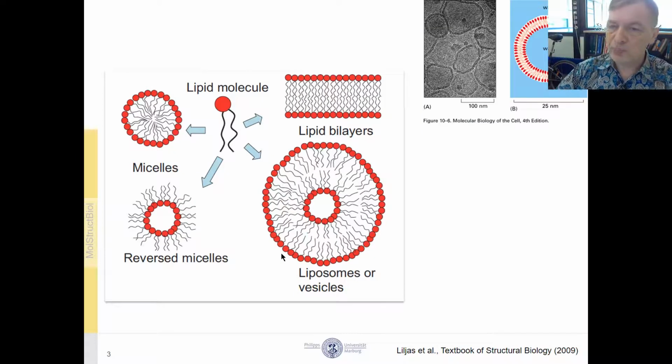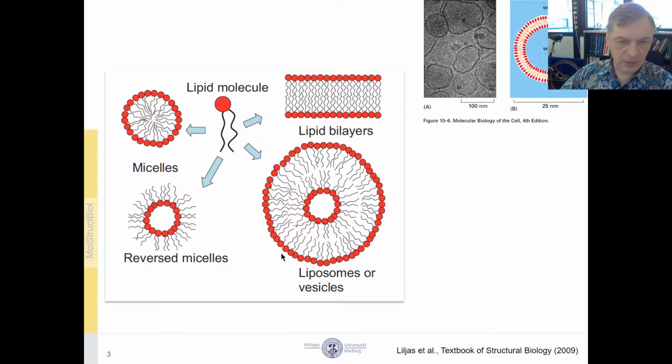So coming to component number one. Component number one are the lipids. Lipids are, from a physical-chemical point, a really difficult class of compounds. Lipids are defined as all kinds of compounds which are soluble in organic solvents. So they are structurally highly diverse.